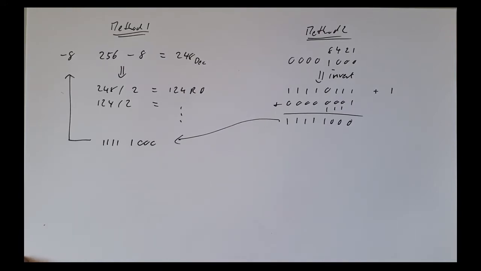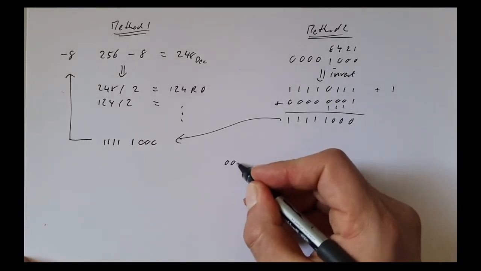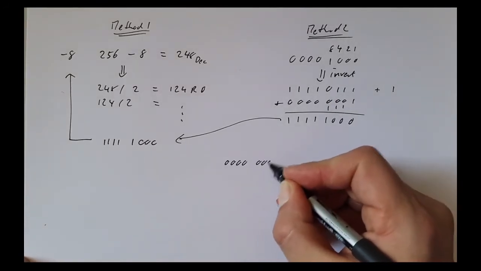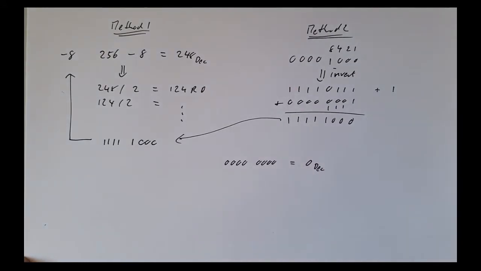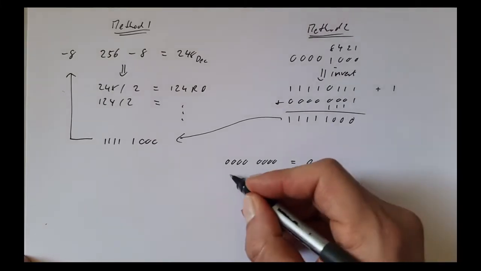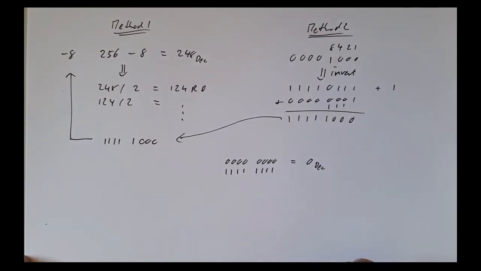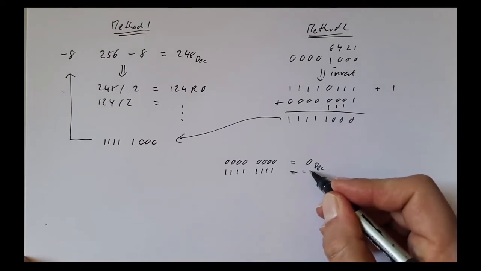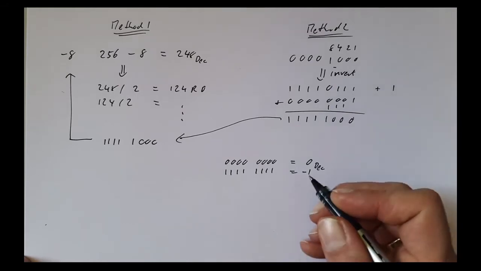Let's have a look at how it is in the truth table. So you have 0, 0, 0, 0, 0, 0, 0, 0, which is 0 in decimal. And -1 is all bits to 1. And then you do nothing else than what you did in the positive range.